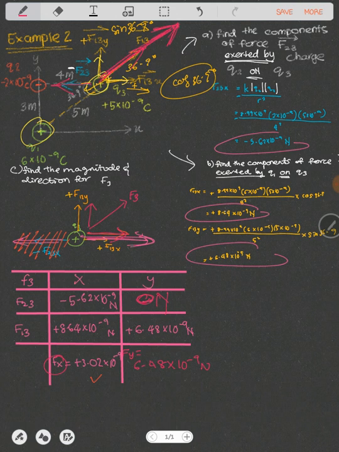Sebab based on the X component of F13 ni, Y component ni, kita dah tolak ni, kita dah campur ni dengan ni, and then the net force dapat ni, and then ni tak ada daya tarikan kat bawah ni.